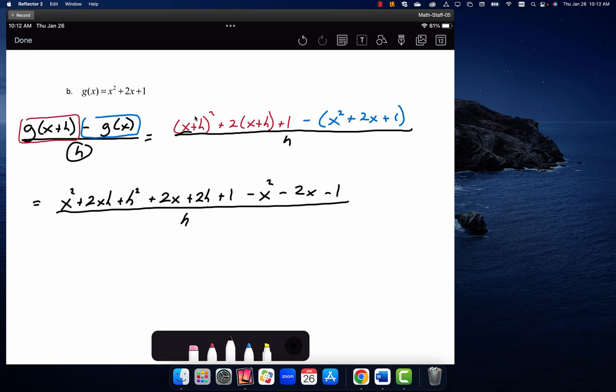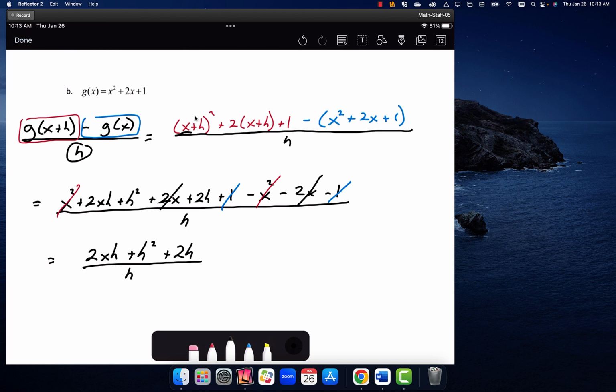And now go through and see if anything cancels. X squared cancels with negative x squared. 1 and negative 1 cancel. And 2x and negative 2x cancel. So at this point, we have 2xh plus h squared plus 2h all over h.